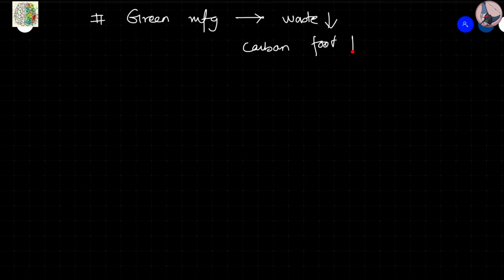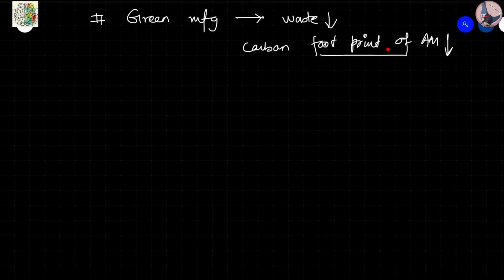Green manufacturing means the waste is very less, and the amount of carbon footprint of additive manufacturing is also quite less.